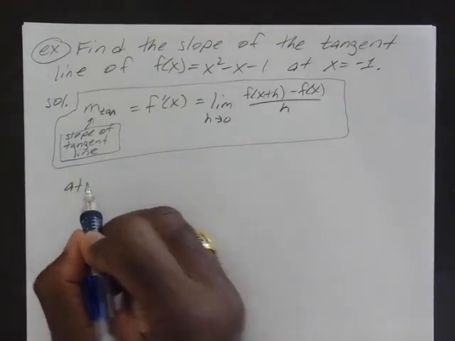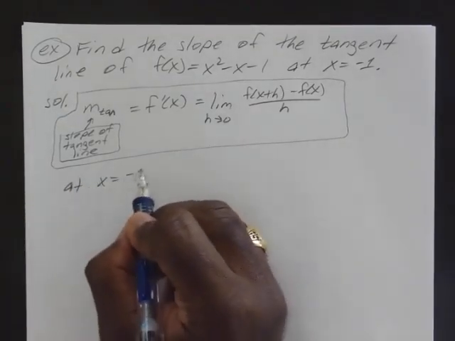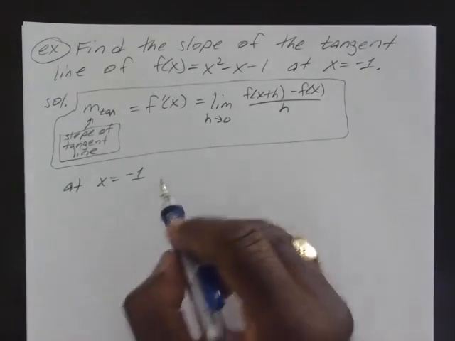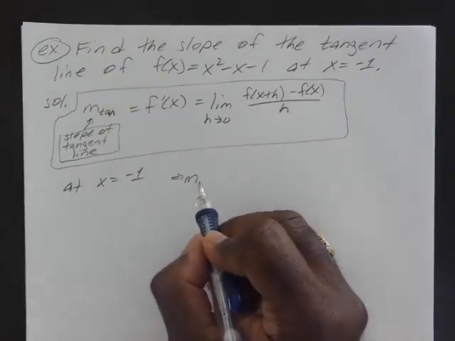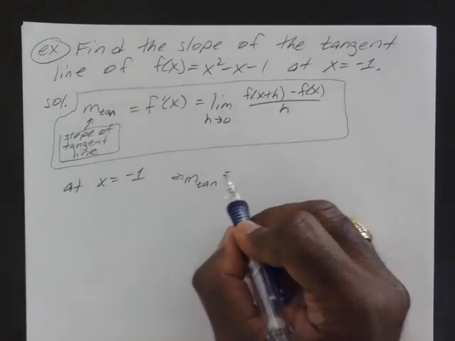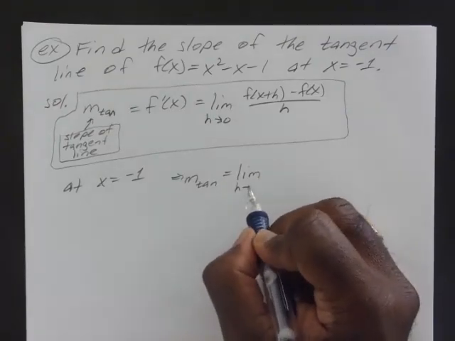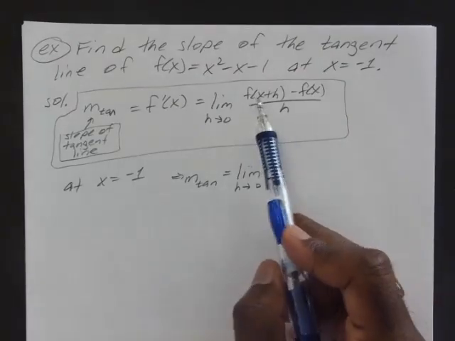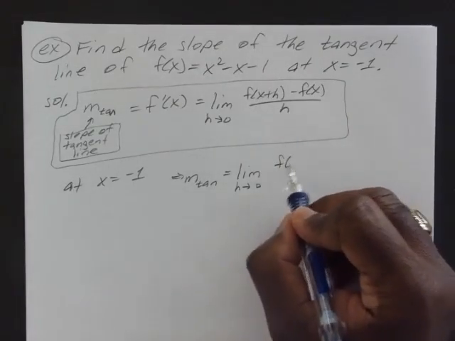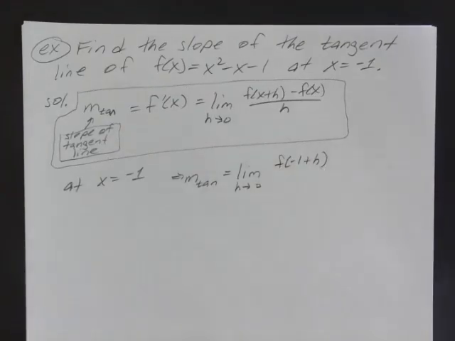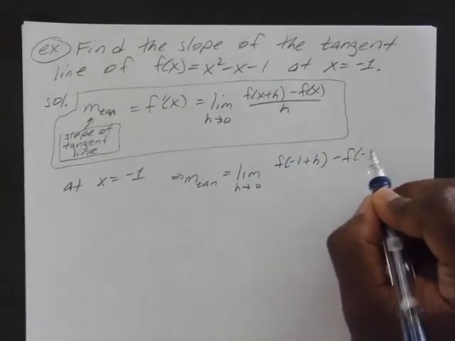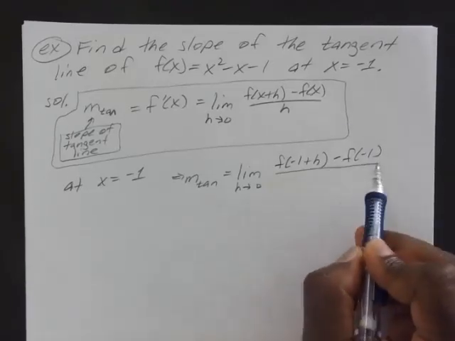Okay, now we know we're looking at x is equal to -1. So that means your slope of the tangent line is equal to the limit as h approaches 0. Instead of f of x plus h, it's f of -1 plus h, minus f of x, we could say minus f of -1, all divided by h.